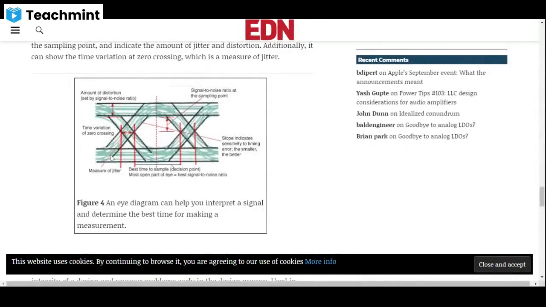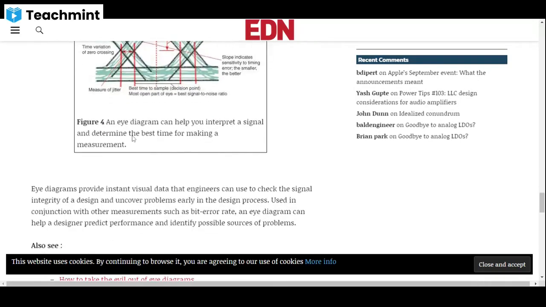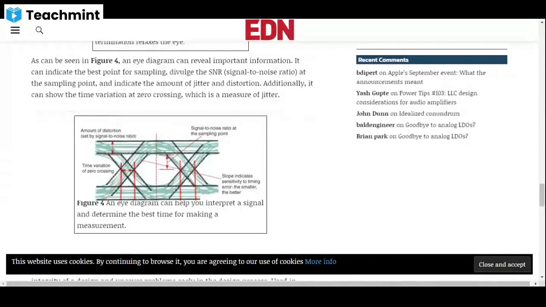This is the jitter. This will be the signal to noise ratio. This is the better sampling point, and the slope of the eye indicates the sensitivity to the timing error.